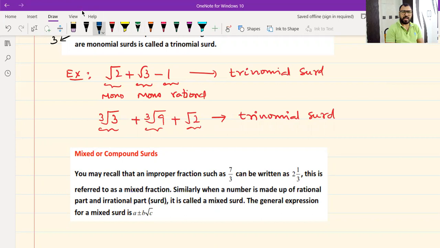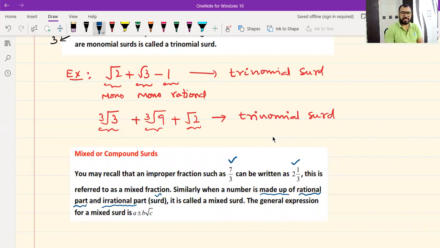You may think of it like this: 7 by 3 can also be written as 2 and 1 by 3, which is known as a mixed fraction. Similarly, a number made up of a rational part and an irrational part, meaning a surd, is called a mixed surd.